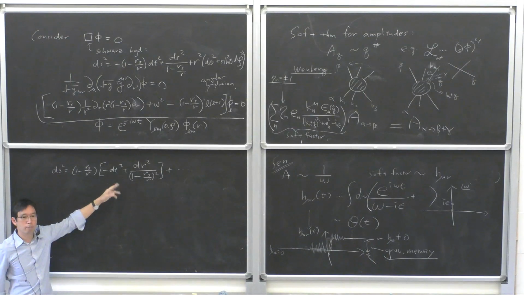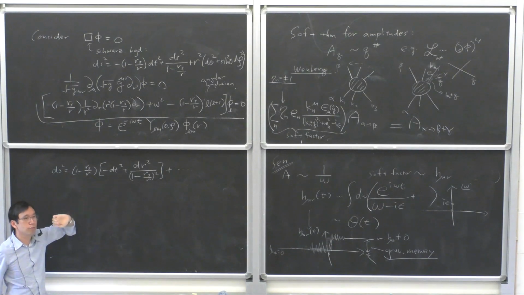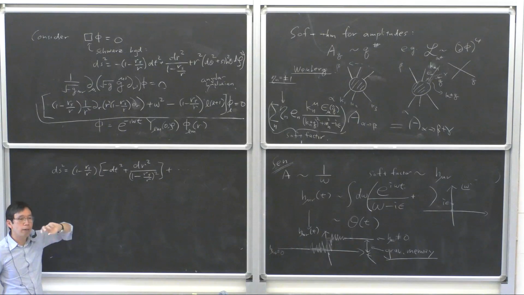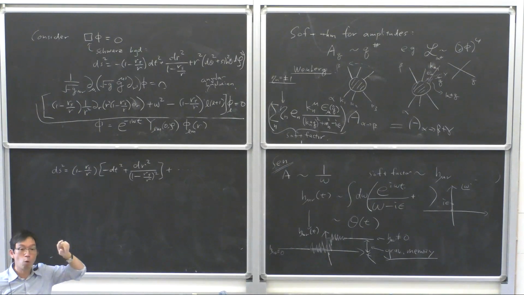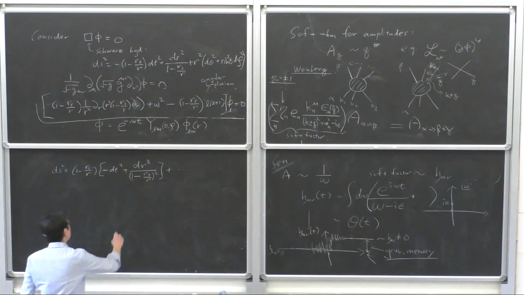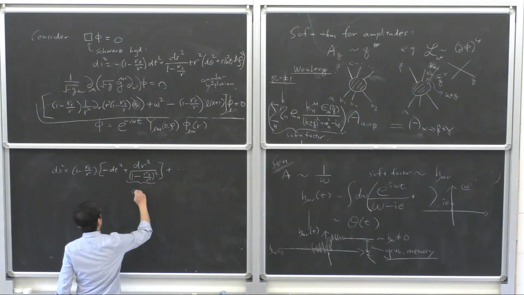But look at this part. It turns out it's useful to define a radial coordinate so that the speed of light in that radial coordinate looks like 1. And so you define a radial coordinate, I'm going to call it r star.